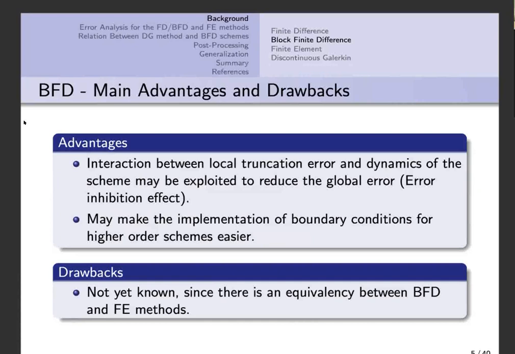And we can make the implementation of boundary conditions for higher order easier in some cases. The drawbacks are not yet known, since we will establish an equivalence between the BFD and the finite elements method that I'm going to present in short.